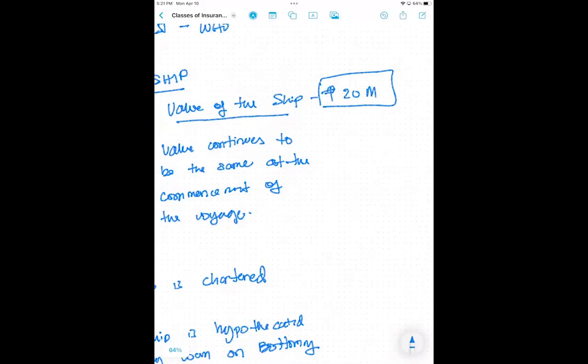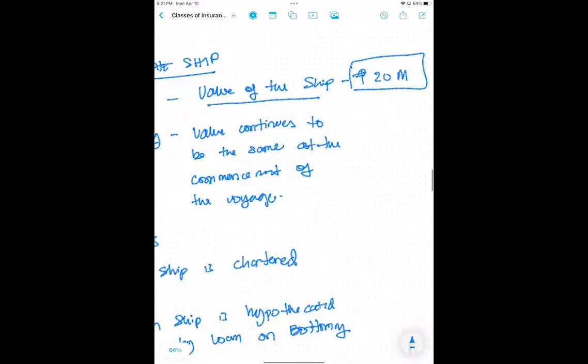Of course, pwede rin namang ipa-insure at a lower amount than 20 million but not higher than 20 million. Again, because the contract of insurance is a contract of indemnity. So remember yung ating discussion as to the characteristics of an insurance contract.